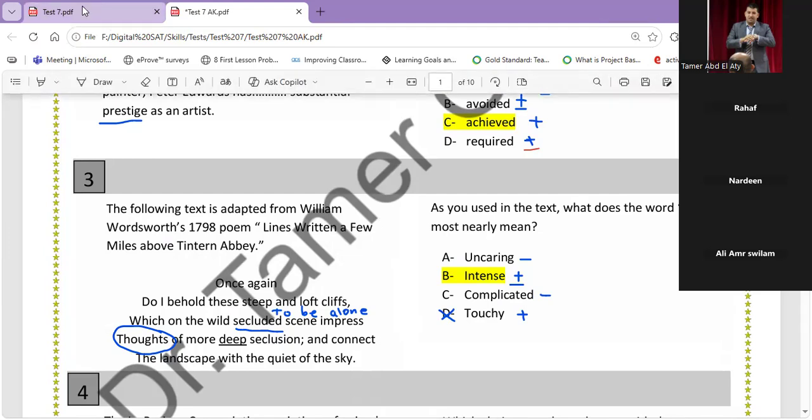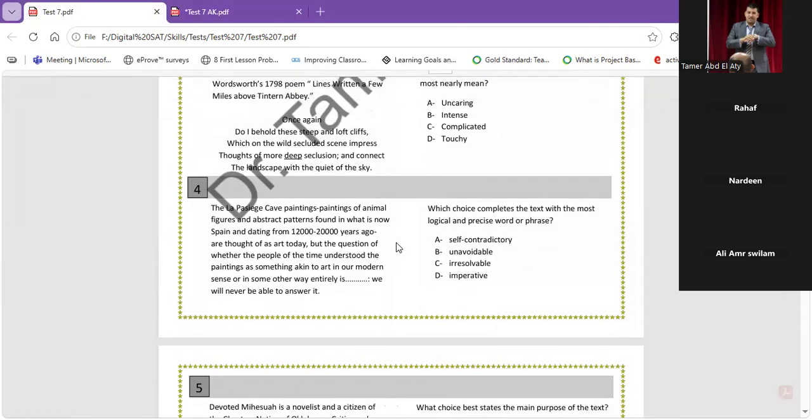Okay, number 4. Write the answer still in words in context.